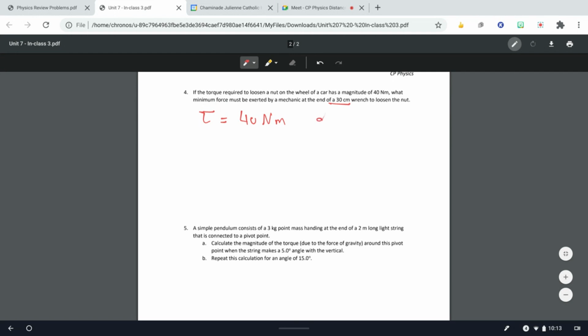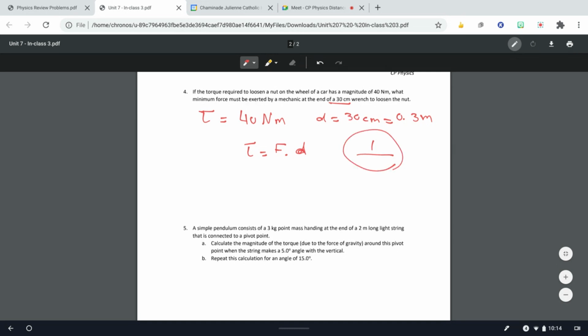You're looking for the minimum force. I recommend that you convert everything while you're taking down the data.